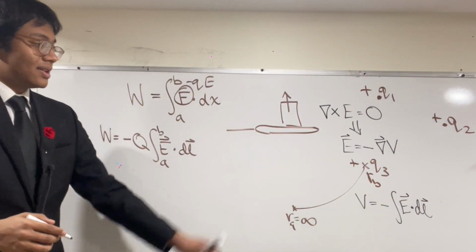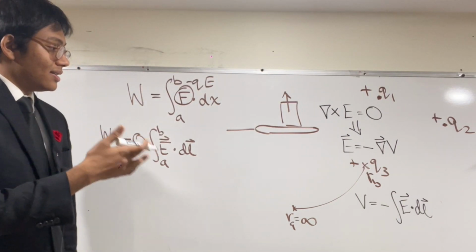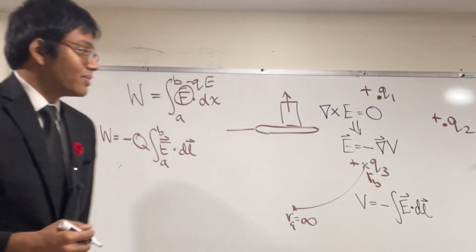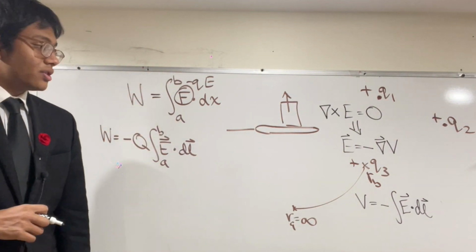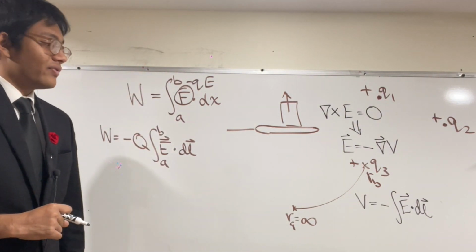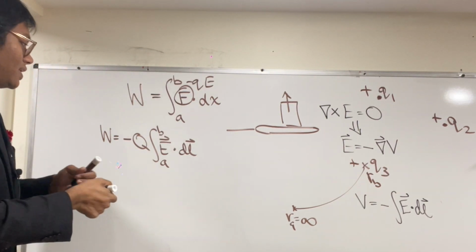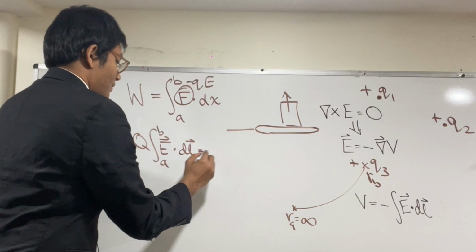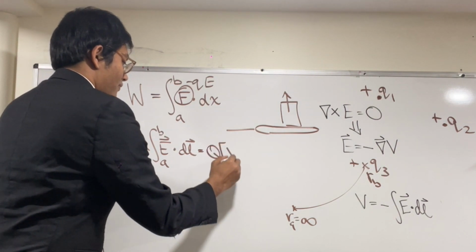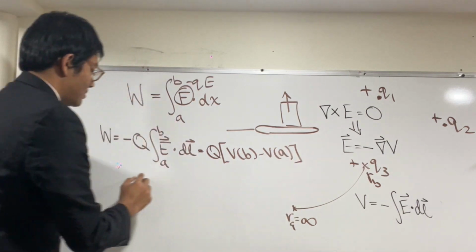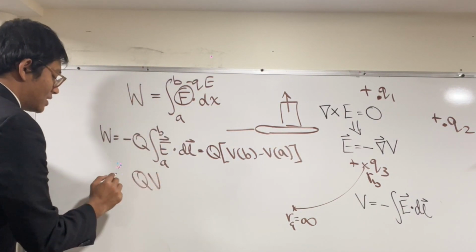So the electric potential was simply the integral of the electric field, and the electric field was simply the gradient of the electric potential with a factor of a negative sign. And so in this case, this is simply the electric potential. This is simply Q times V of B minus V of A, which I may simply write succinctly as QV.